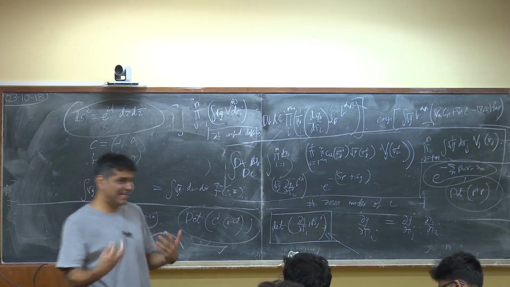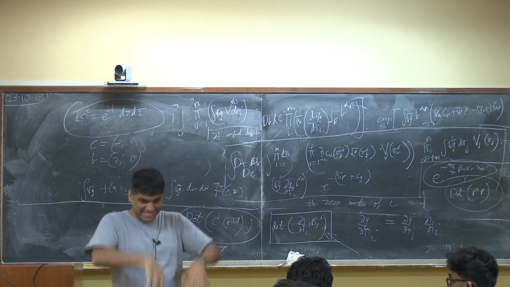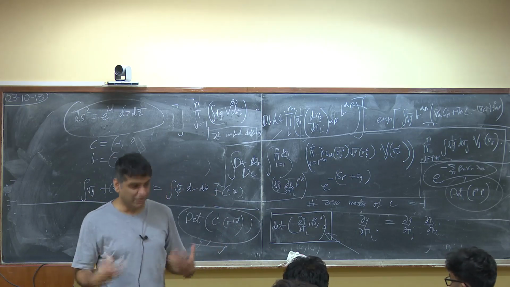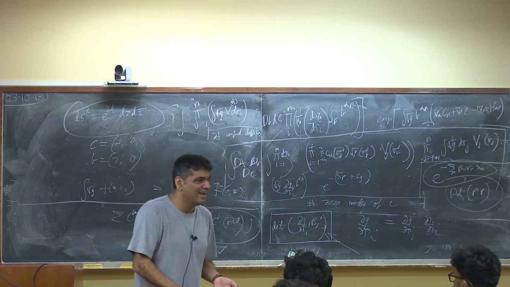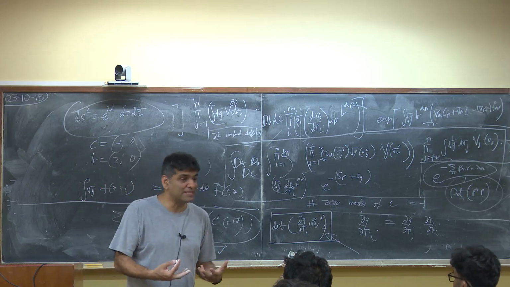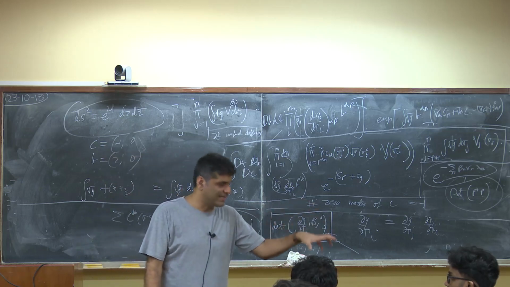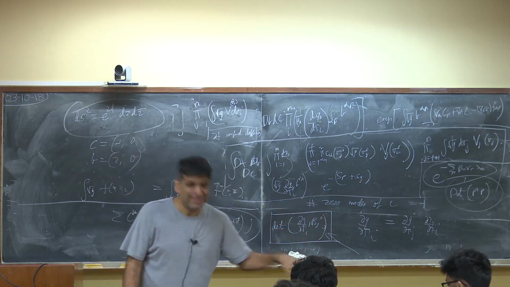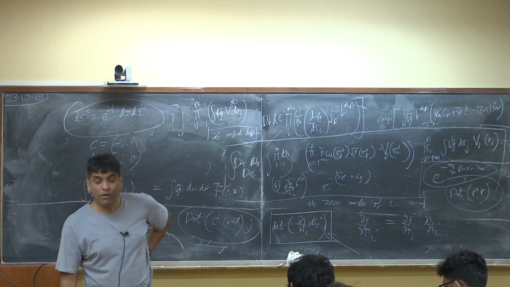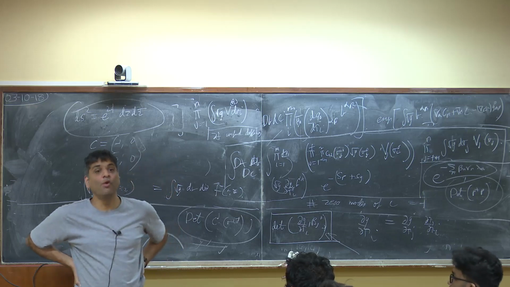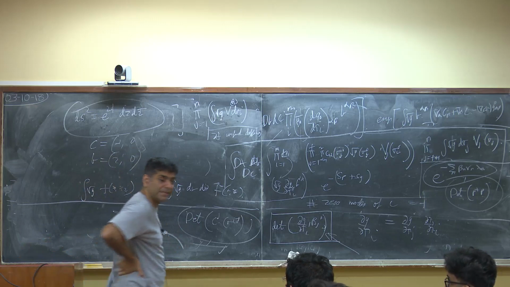B transforms exactly like a traceless tensor with 2 indices down, transforms under diffeomorphisms, and therefore the analytic part transforms like 2, 0, anti-analytic part like 0, 2.